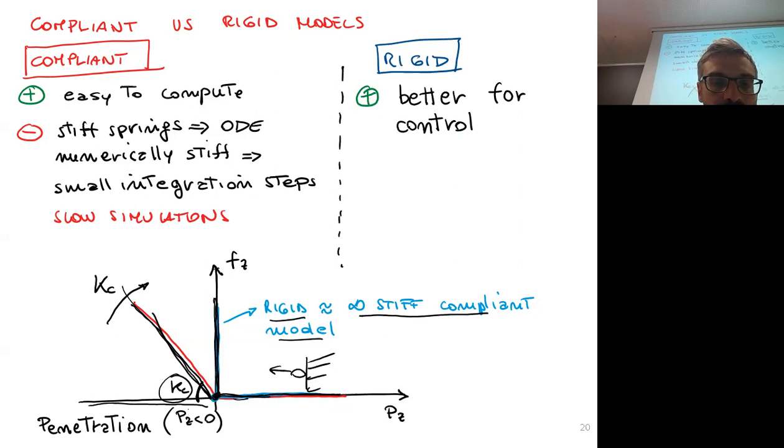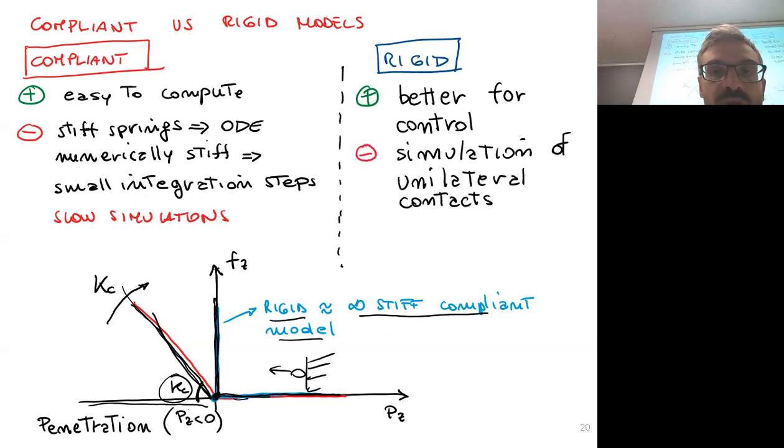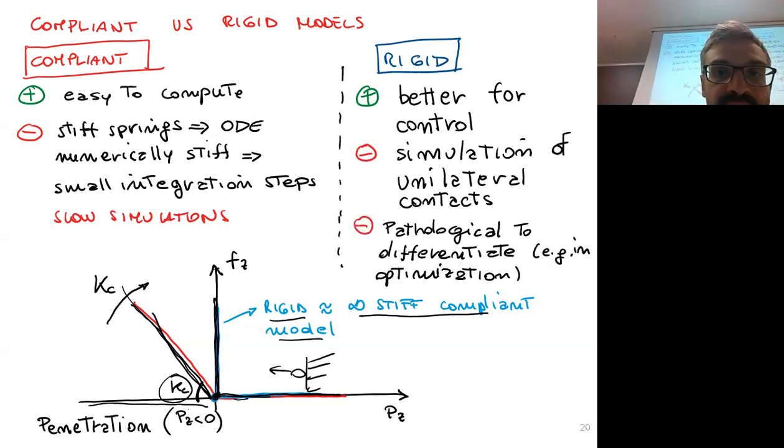because we saw that in case of rigid contact, we can use the constraint dynamics to do inverse dynamics. It's good for control. It's not so good in case you want to simulate unilateral contact for the forward dynamics.